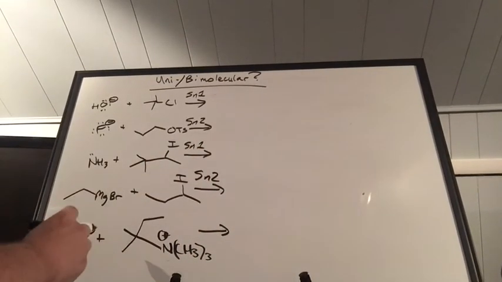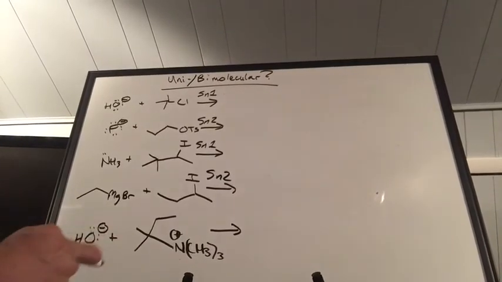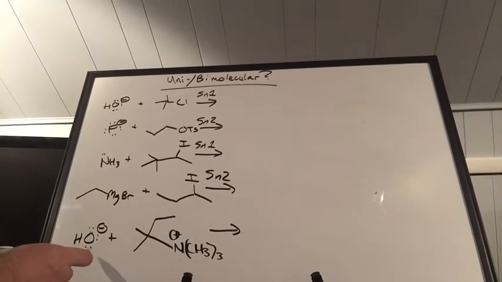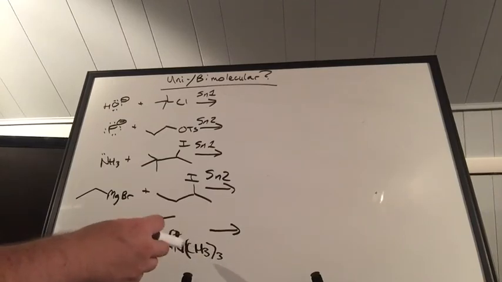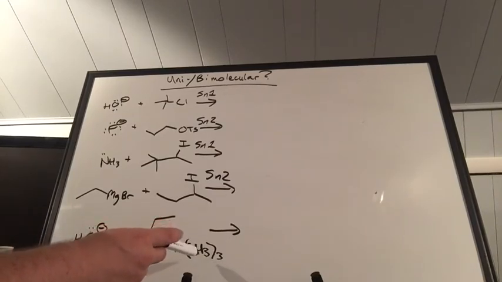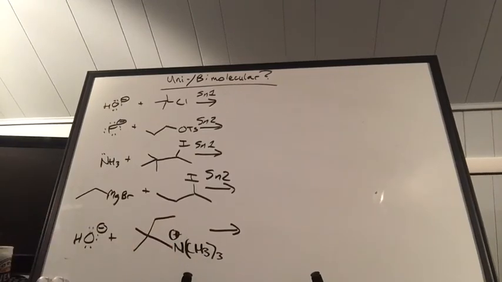Okay, and then you have OH here at the bottom. Sorry if you can't see that all the way. So this is a charged ion here, negatively charged, and you have this quaternary amine. A quaternary amine could leave as a more stable tertiary amine, and then you would have a stable carbocation, which would be tertiary in nature.